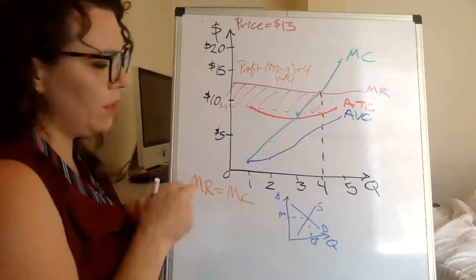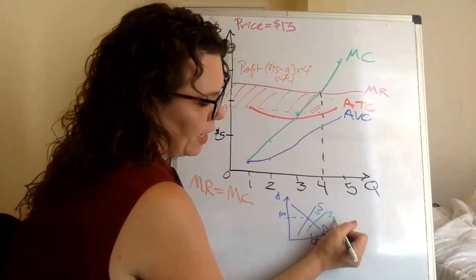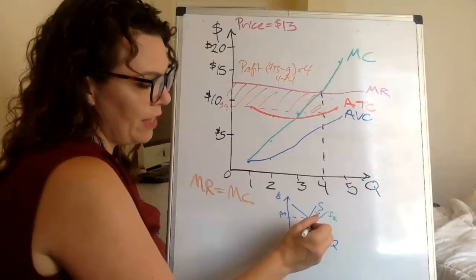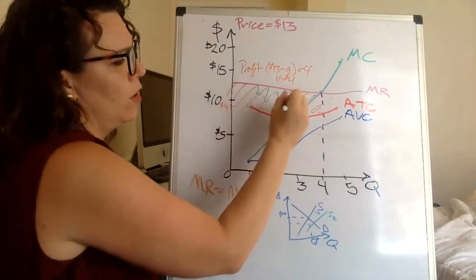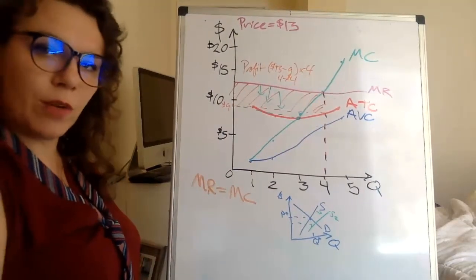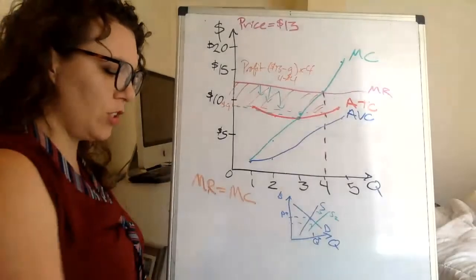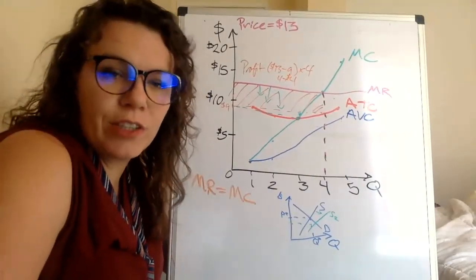As more firms enter the market, we're going to see the supply curve shift out as more units are able to be supplied to the marketplace. That's going to lower price, and price is going to continue to go down until we get to our long run equilibrium, which is where marginal revenue is equal to marginal cost and average total cost. That's not the problem. That's just good to know, and that's just a good refresher.